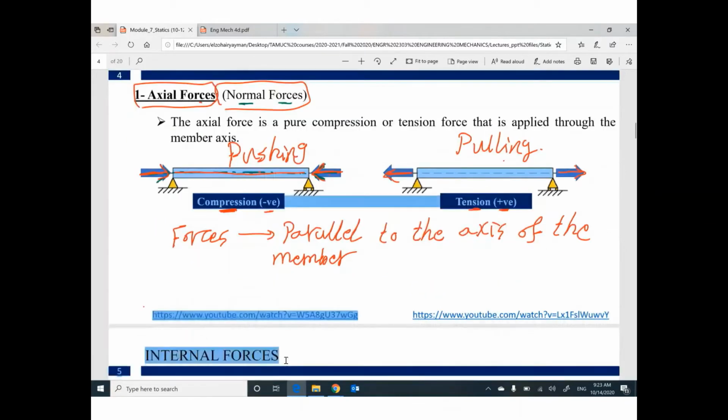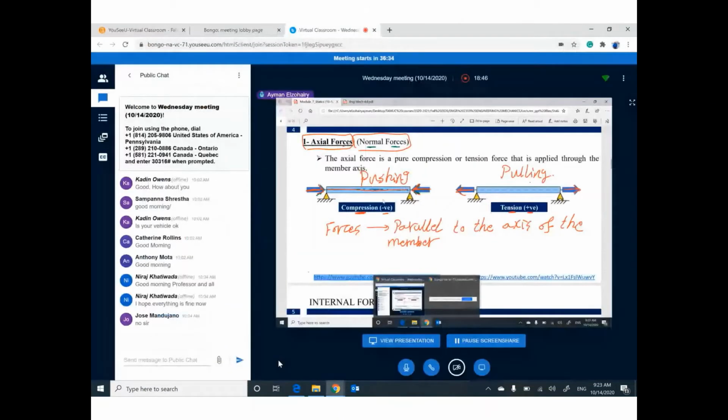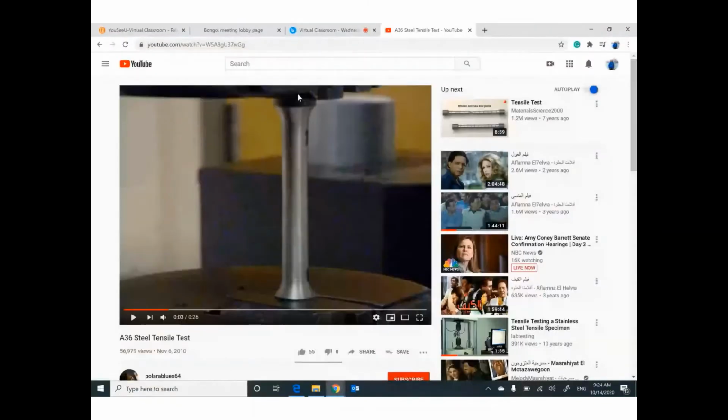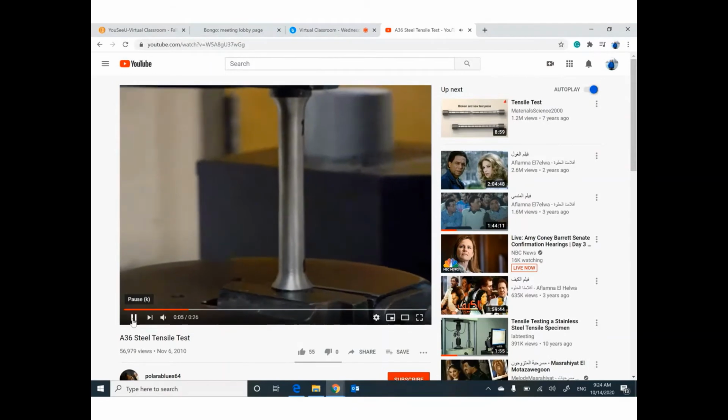I would like for you to watch this video. We have a member. This member, we are applying a vertical force here and another vertical force down. So this member is under tension. Can you watch what will happen to this member? It's an experiment. I don't know.